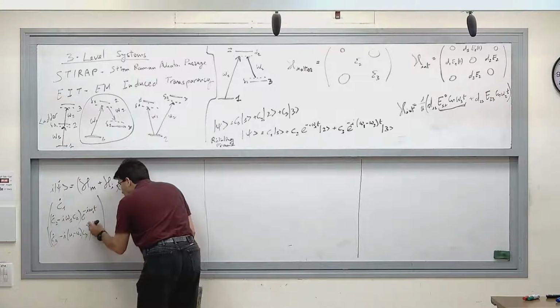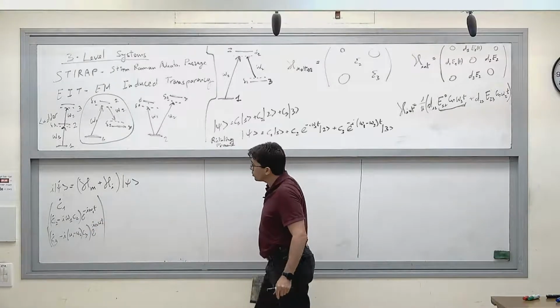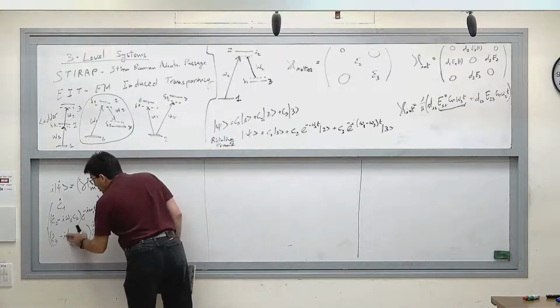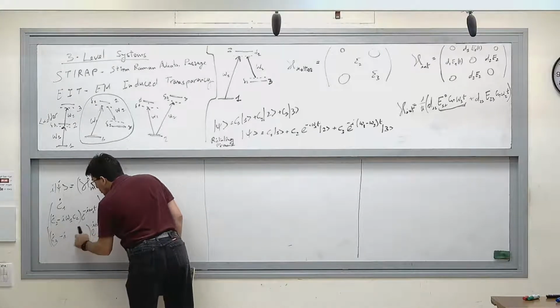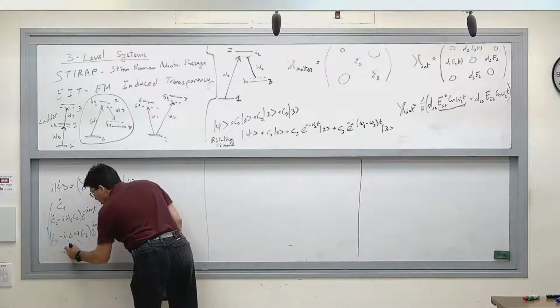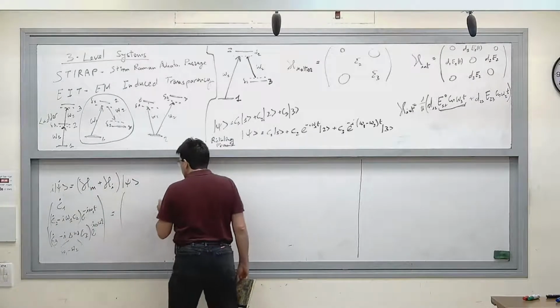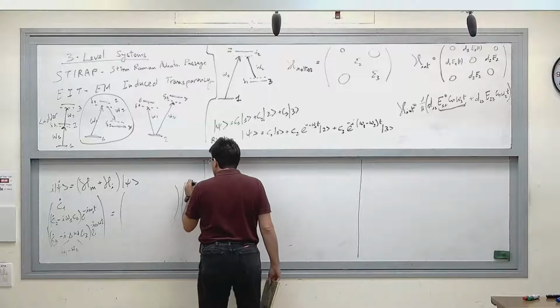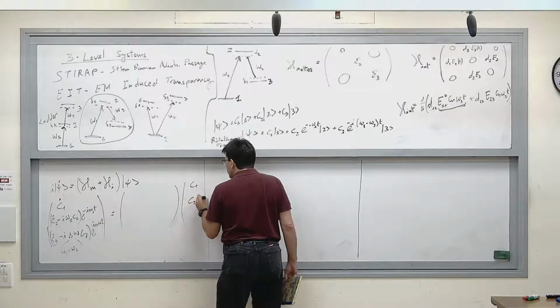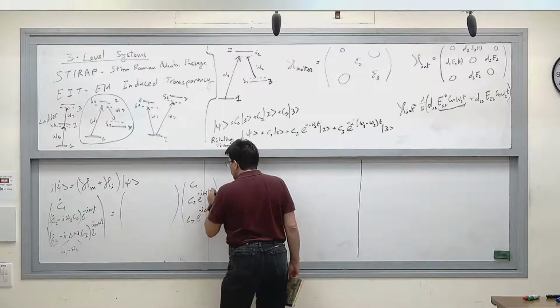I'll write here delta omega just so that I don't get things to be too long. And even here we'll write delta omega C2, and this is, as we said, omega 1 minus omega 2. And this equals this times C1, C2 e to the i omega 1 t, C3 e to the minus i delta omega t.